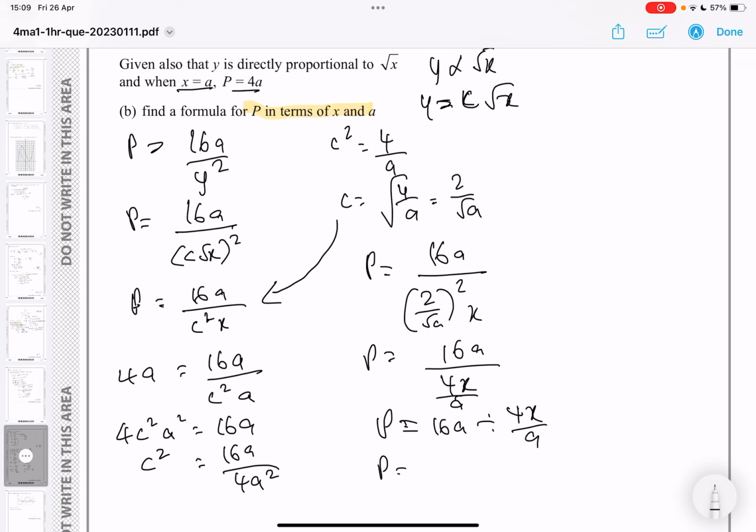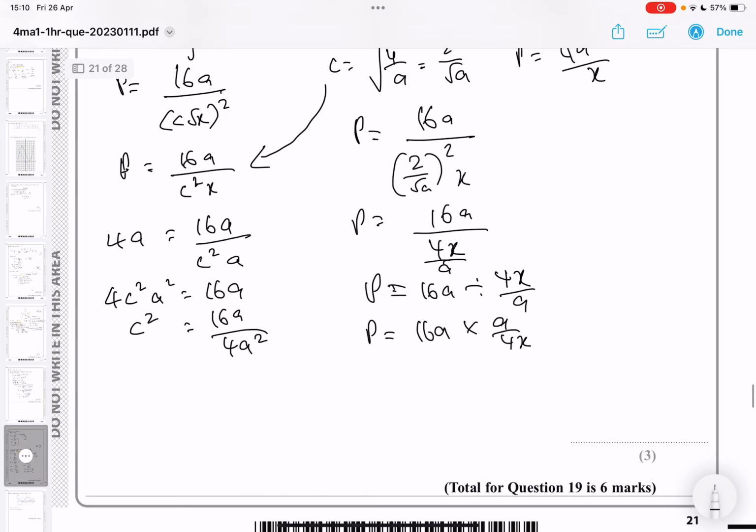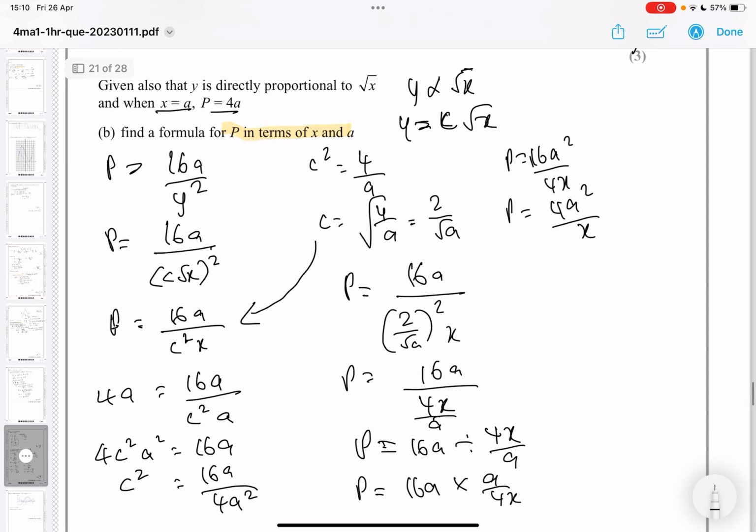And when you divide by a fraction, you have to multiply and flip over that fraction. So that will give you p equals 16a squared divided by 4x. And if we divide by 4, we get 4a squared divided by x. So p is equal to 4a squared divided by x. And let's check. It says give a formula for p in terms of x and a. So yes, we only have x and a and p here.